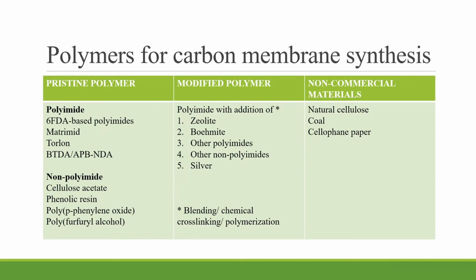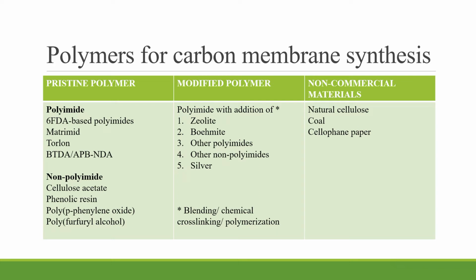As you can see, for polyimide we have 6FDA-based polyimides, we have Matrimid, we have Torlon. Both of these are commercial polyimides produced by companies. For non-polyimide, we have, for example, cellulose acetate, phenolic resins, and polyphenylene oxide.